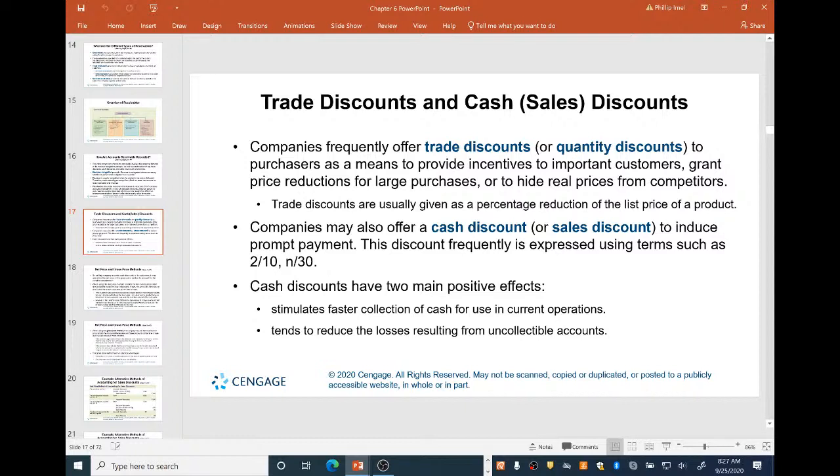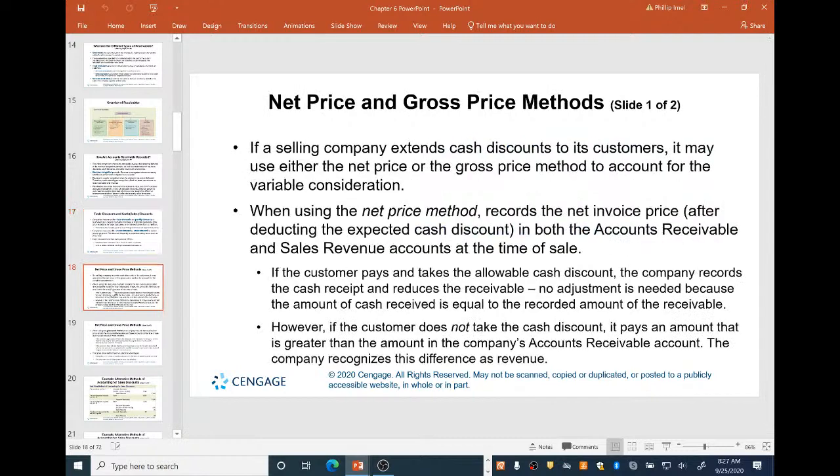And also, if we're incentivizing people to pay up front, then it's going to reduce our overall aging of accounts receivable. It prevents an account from becoming stale and prevents the possibility of having to write off an uncollectible account. So that's some good things on cash discounts.